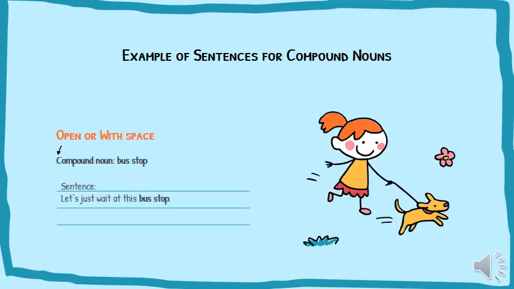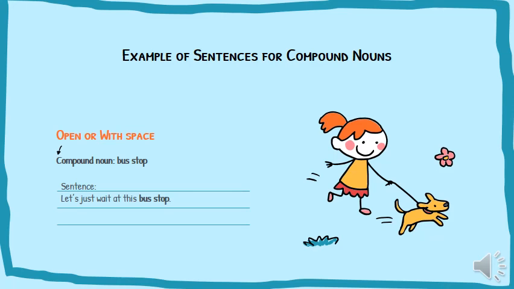Now, we are going to look at example sentences for compound nouns. The first one is for a compound noun written with an opening, or with a space. The example of a compound noun used here is bus stop.